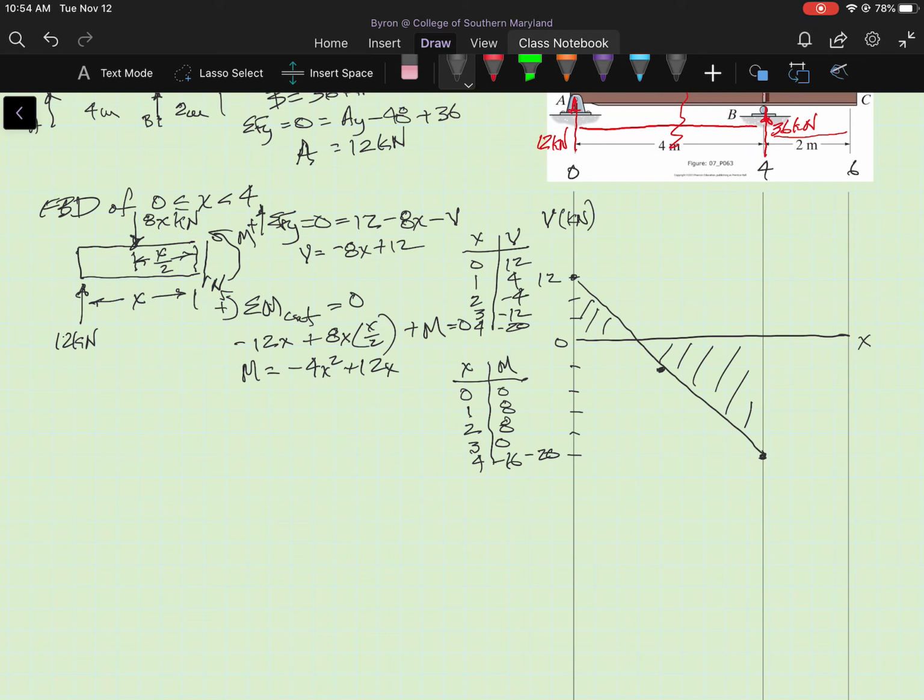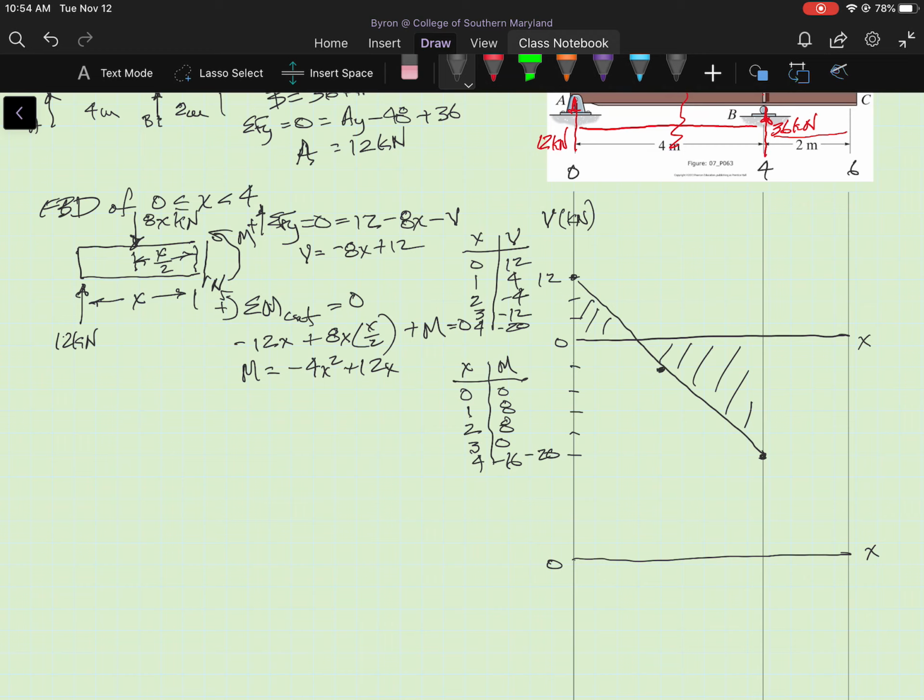We'll do another x-axis down below the shear diagram. Our x equals 0 is over here. Its max is going to be a little bit more than 8.